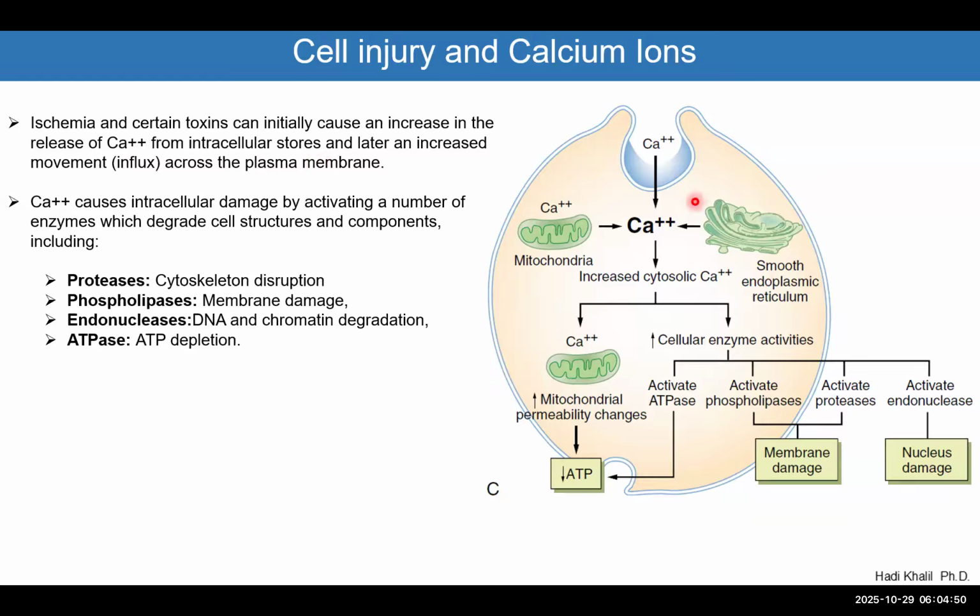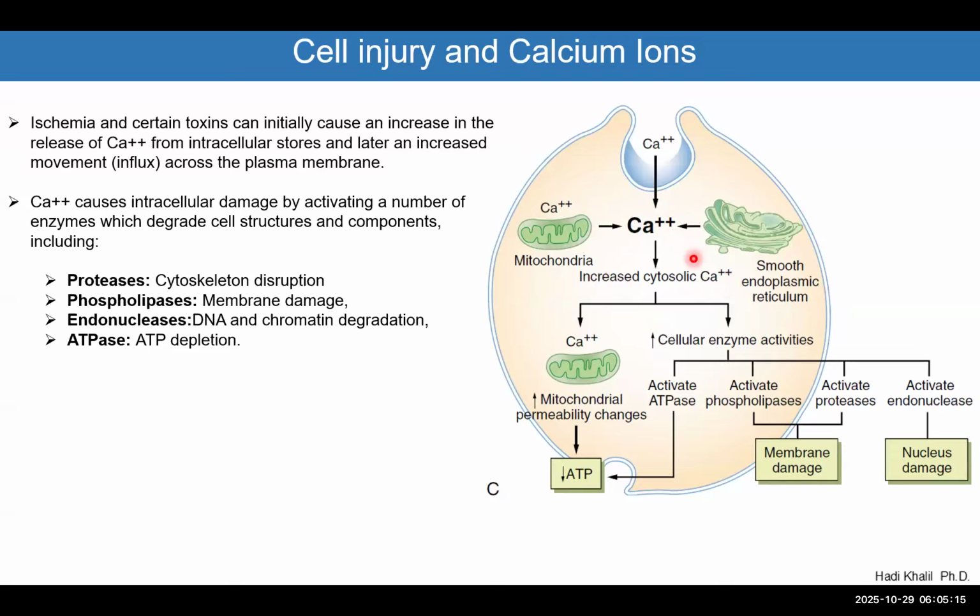The smooth endoplasmic reticulum, where the calcium is stored, or the mitochondria, when they are affected by whatever triggers, toxins, ischemia, or inflammatory responses, then the calcium level becomes higher.